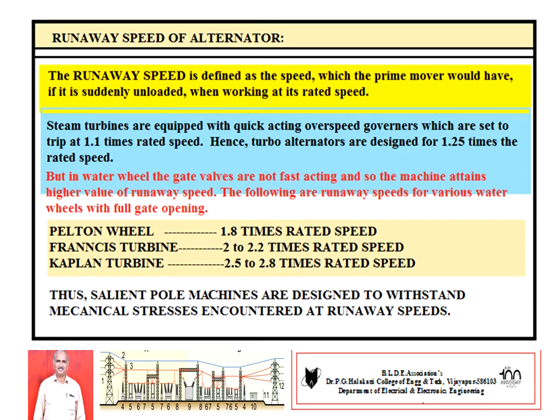As per the considerations in steam turbines, they are equipped with quick acting overspeed governors, which are set to trip at 1.1 times the rated speed. Hence, turbo alternators are designed for 1.25 times the rated speed.